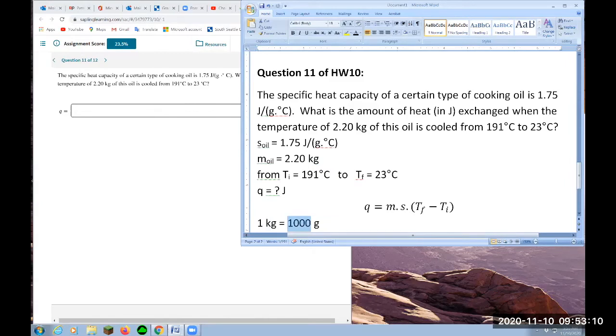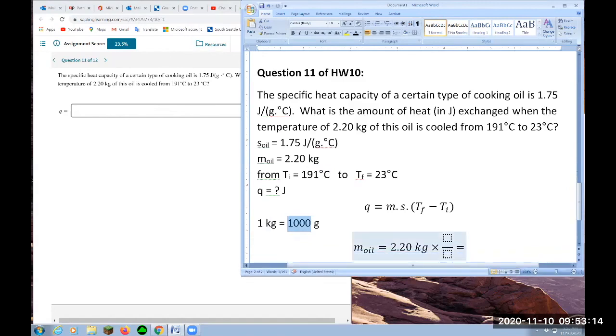So if we take our mass of 2.20 kilograms and we need to convert it to grams, we start with kilograms. So the conversion factor will have the 1 kilogram on the bottom to cancel the units of kilograms, and then on top, it's going to be the grams. So it comes down to multiply 2.20 by 1,000, and that's 2,200.